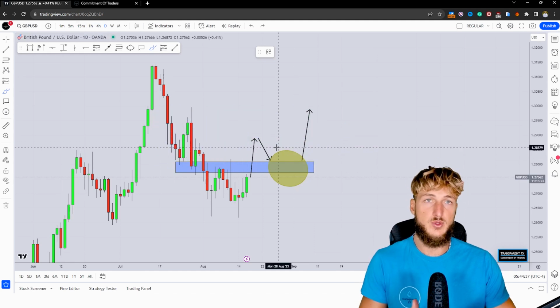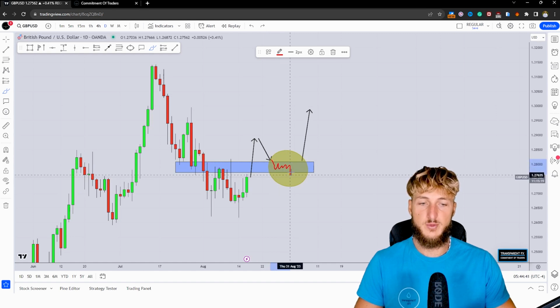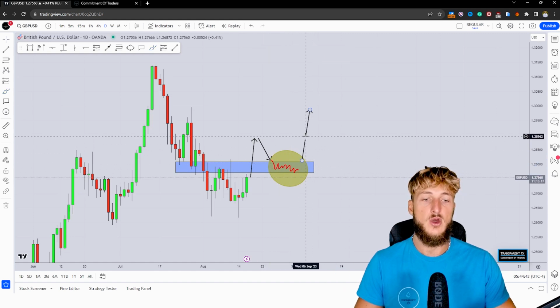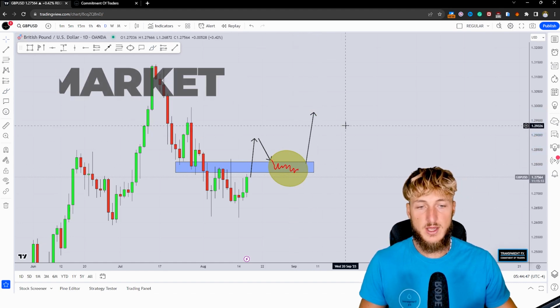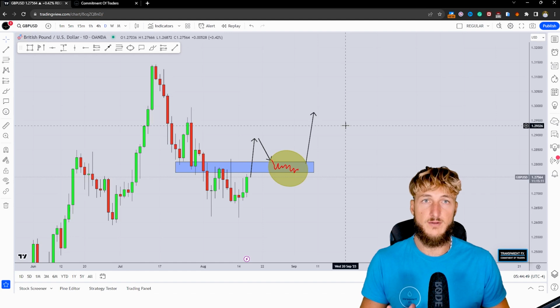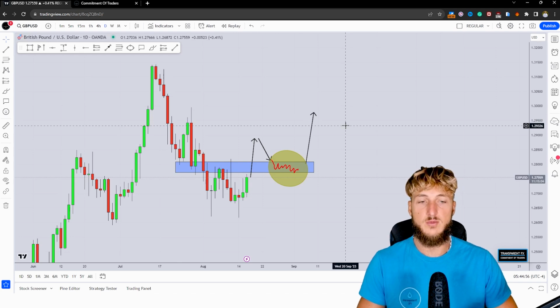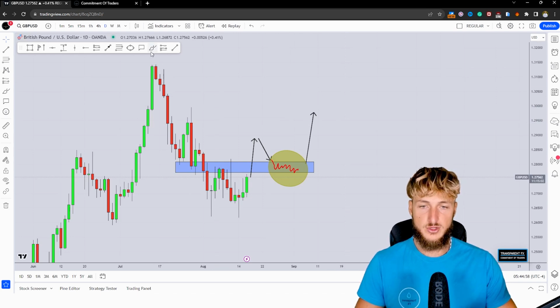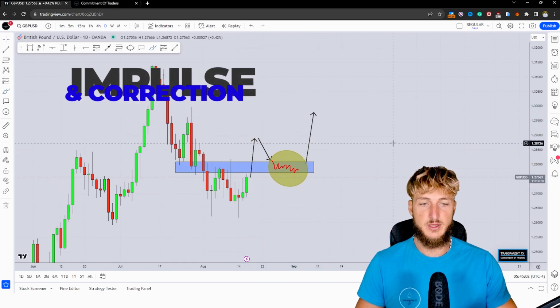Therefore, what we could be doing, potentially also with students, is monitoring price action from an intraday perspective during this move to the downside, waiting for the market to shift from an intraday bearish market to an intraday bullish market. And if the market shifts from intraday bearish to bullish and provides one of our valid entries, at that point we could be looking for a potential move higher for the market to complete this impulse correction and impulse pattern to the upside.